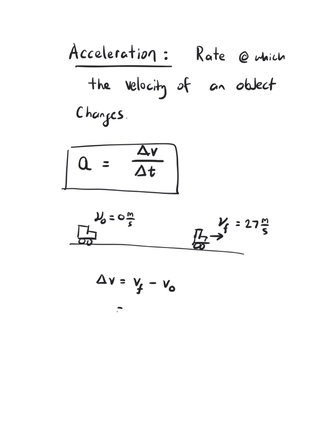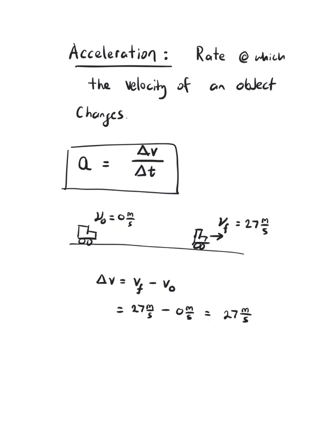So in this case, the overall net change of velocity of the car would be 27 meters per second minus the initial velocity, which is 0 meters per second, which gives me an overall change in velocity of 27 meters per second.